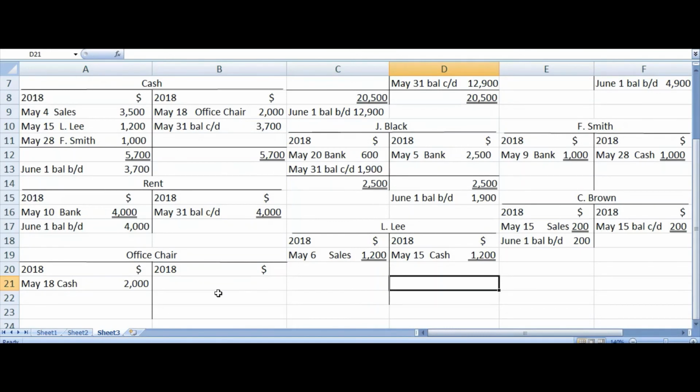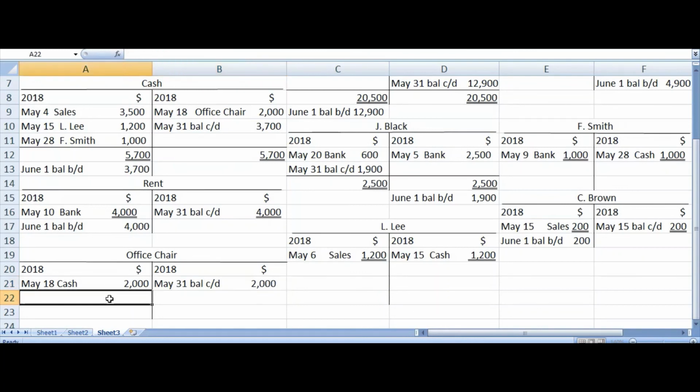Office chair, our debit side is 2,000 and our credit side is 0. So we put the difference on this side to make both sides the same. So May 31st, balance CD of 2,000. Then you bring down that balance on the opposite side to the next period as a balance BD.